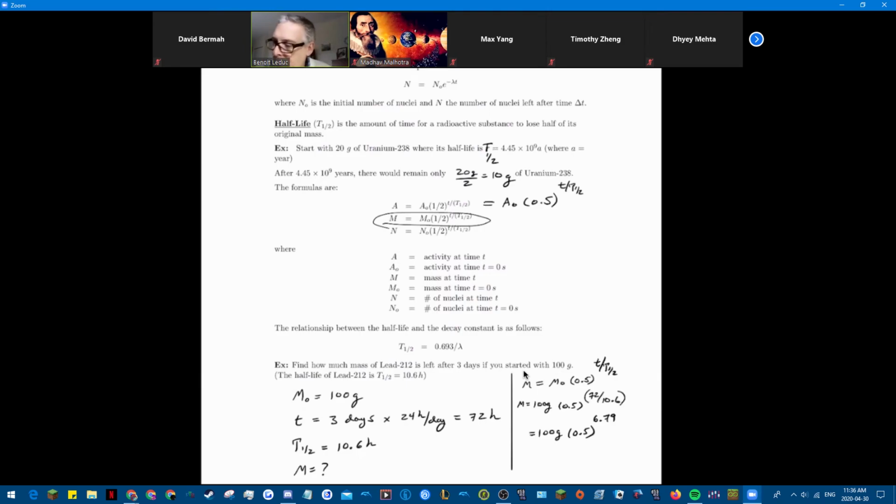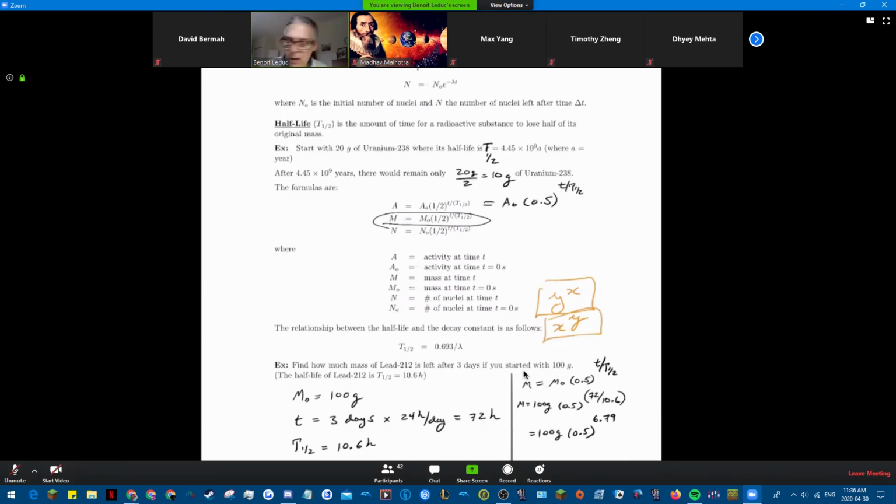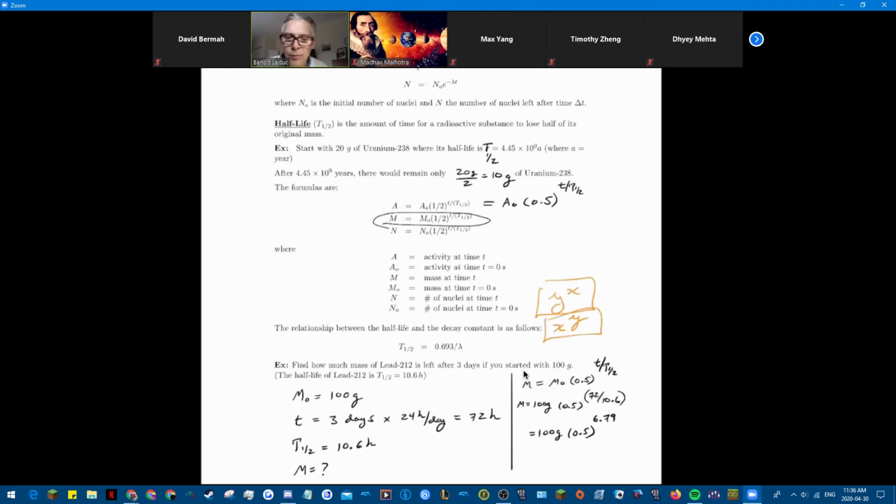Now in your calculators, you might have something that looks like this, or perhaps something like this. Either you enter 0.5 and after that your exponent, or vice versa. I'm not so sure how it works on yours, but if I do it in mine, let me see if it works.